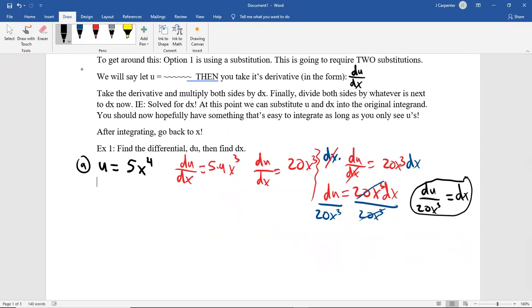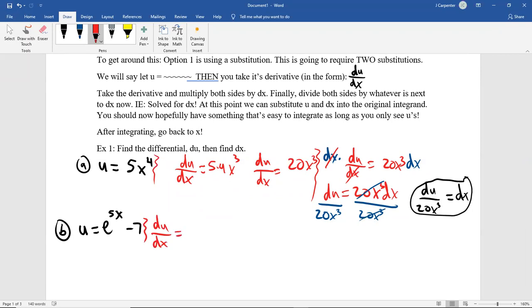All right, let's do another. B. And this one's going to be u equals, let's mix it up a little, e to the 5x, then minus 7. So let's take its derivative, du dx.